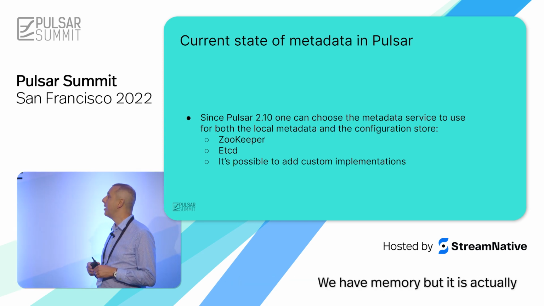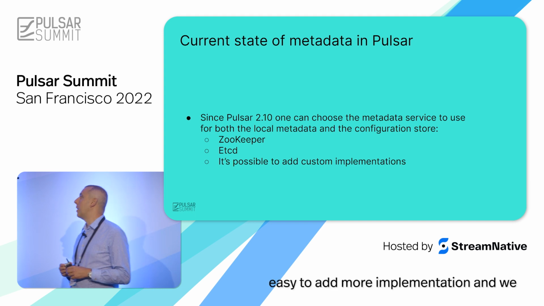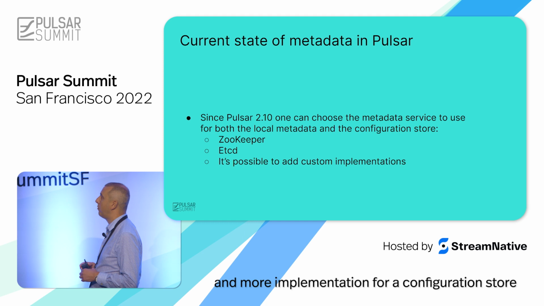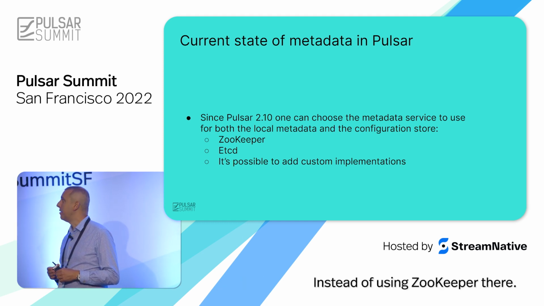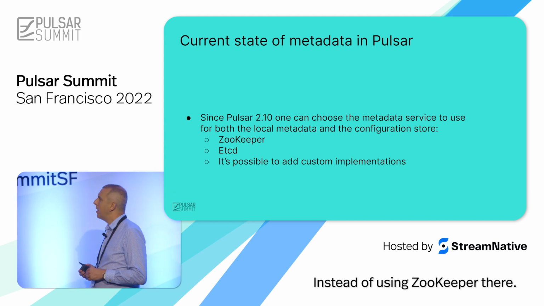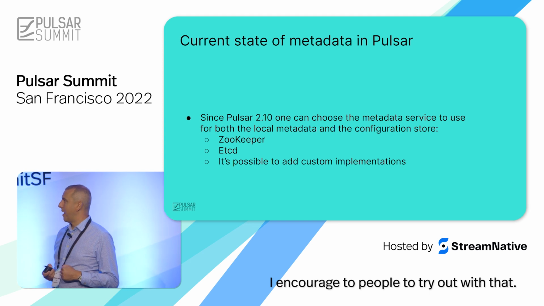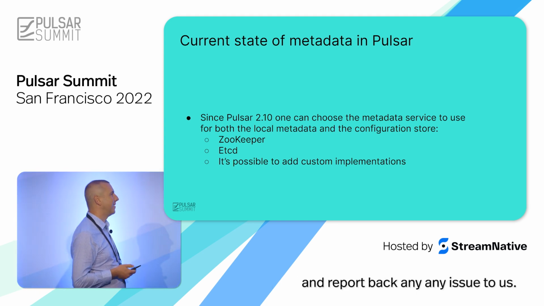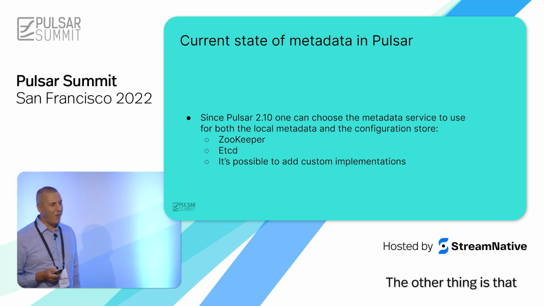We have memory, but it's not triggered. It is easy to add more implementations, and we think of adding more and more, say, for the configuration store for cloud environments, instead of using ZooKeeper there. I encourage people who are already etcd users to try it out and report back any issue to us.